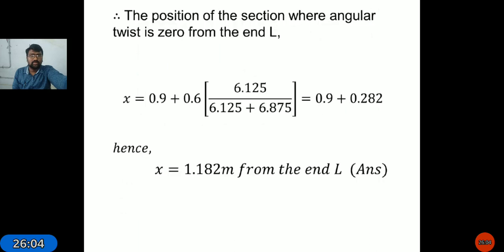By this you can calculate the value of X, that is 1.182 meters from the left end L. Like this you need to calculate the position where the angle of twist is 0 in between the both fixed ends. Okay, thanks for watching.